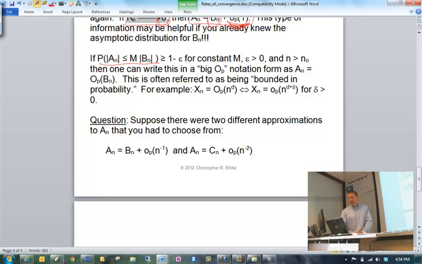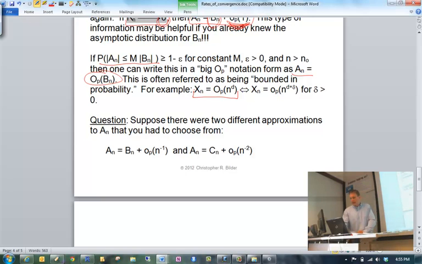Then one could write A sub n is equal to big O sub p of B sub n. So for example, you might see something like this often: X sub n is equal to big O sub p of n raised to the d power. That tells you again what's happening in terms of this convergence.